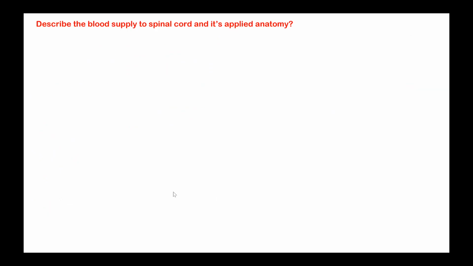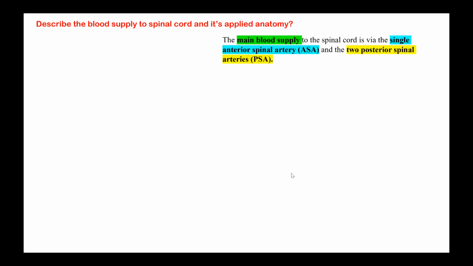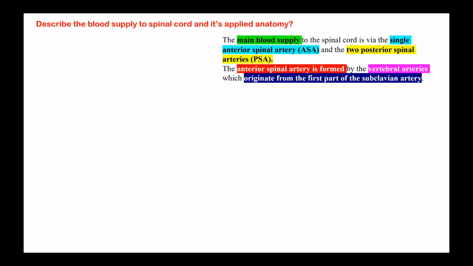Now the blood supply of the spinal cord, its anatomy. The main supply is by spinal arteries: a single anterior spinal artery in the anterior aspect and two posterior spinal arteries. The anterior spinal artery arises from the two vertebral arteries before they traverse the foramen magnum and join together at the base of the skull.